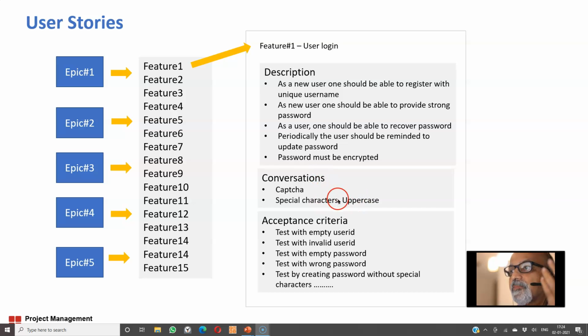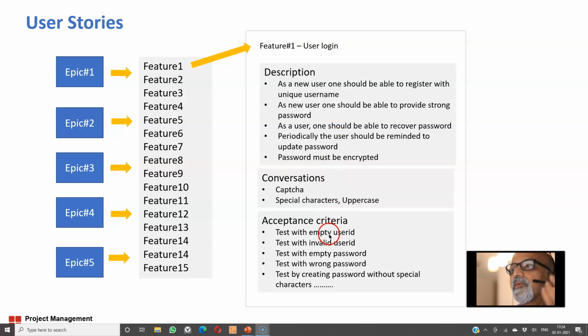That is also captured as part of conversations, because the initial user story had only the description and the acceptance criteria. Conversations get captured as and when we have discussions with the other stakeholders and engineers. More and more information we may get, and those things are also captured as conversations.